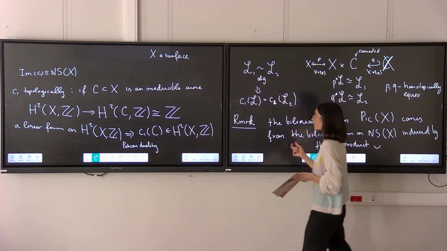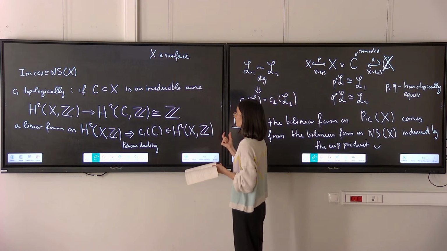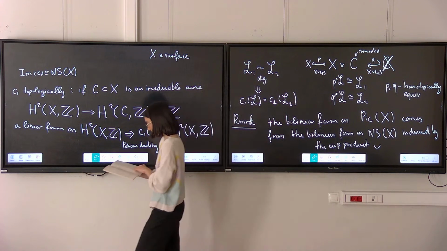Okay, so in the complex setting, this intersection form comes from topology.